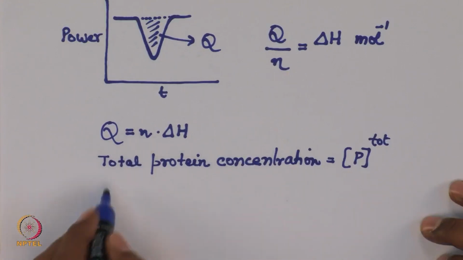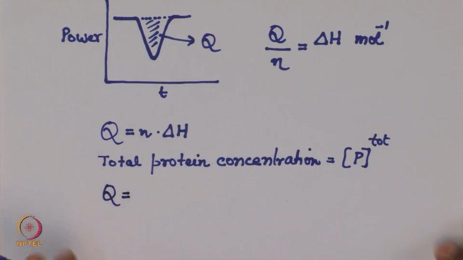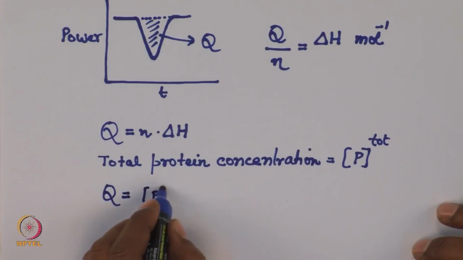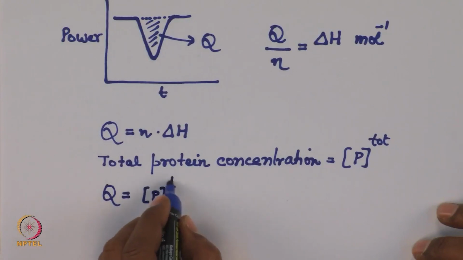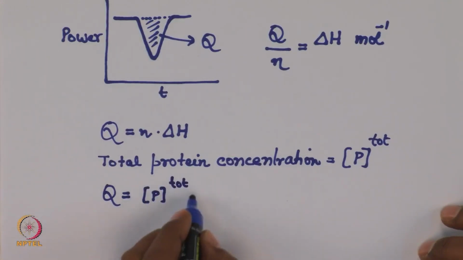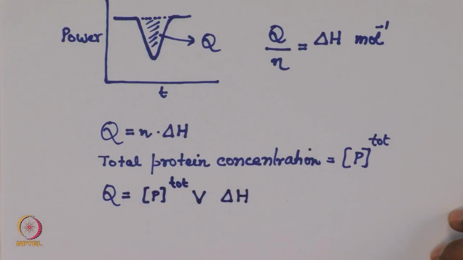So, in place of N, it will be the concentration of the total product formed into volume into delta H. This is the connection between the heat change, whatever is the heat absorbed or liberated.